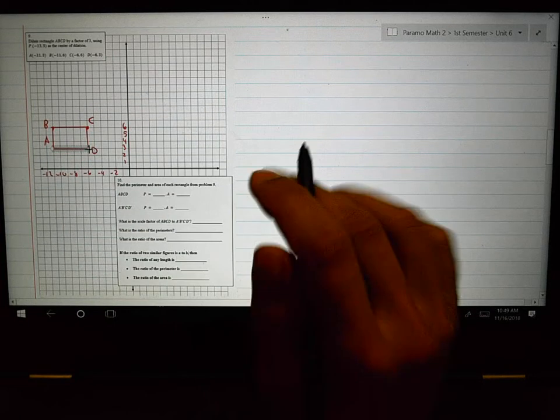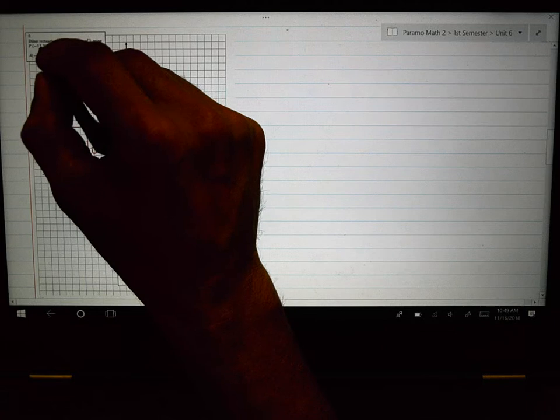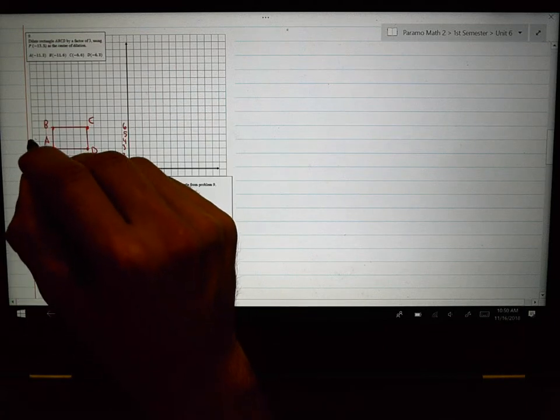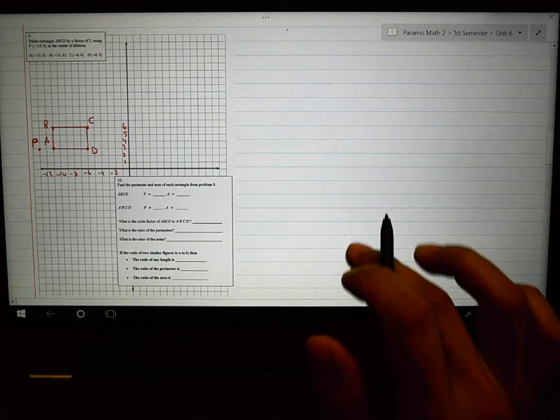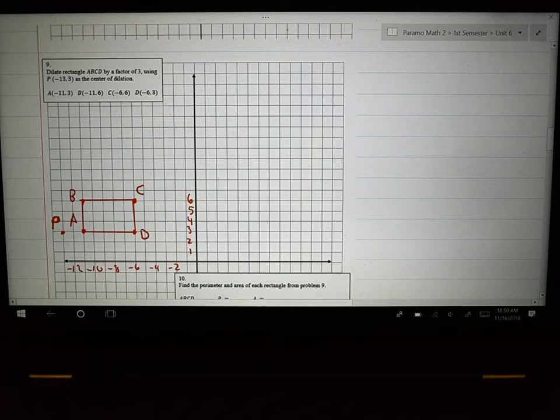That makes this rectangle. We've got to have a center point at negative 13, 3. When you're done graphing those 4 points and point P, you can connect your dots and make that rectangle.